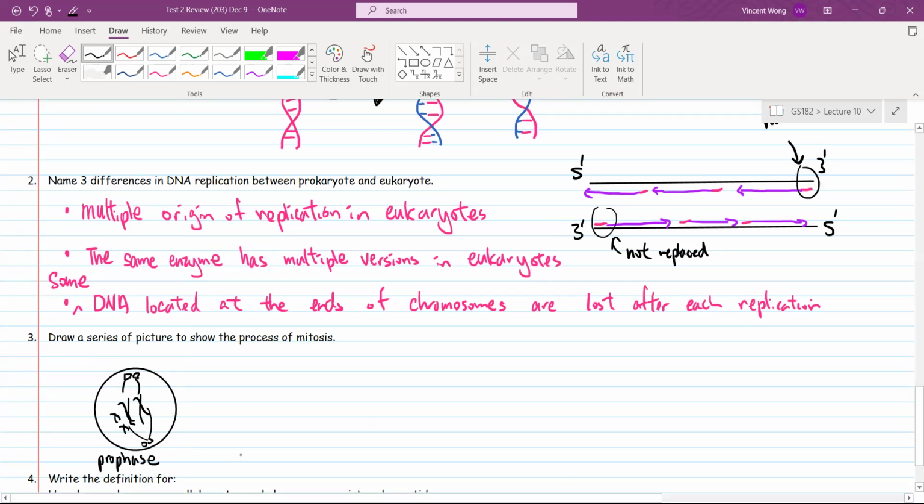After prophase, it is metaphase. And for metaphase, the chromosomes are lined up in the middle. After metaphase is anaphase.